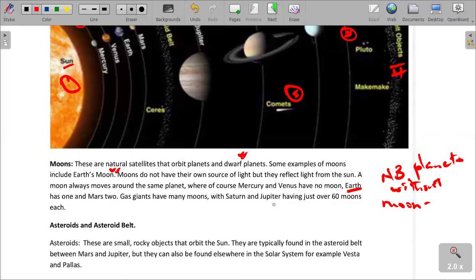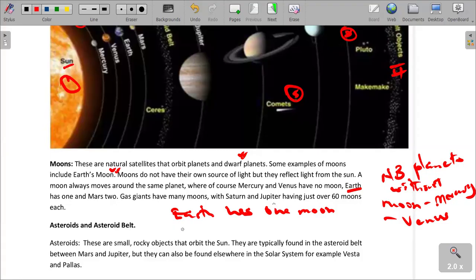We have Mercury, and also Venus. They do not have a moon. And then, as you can see, Earth has one moon, and we also have Mars, which has two.